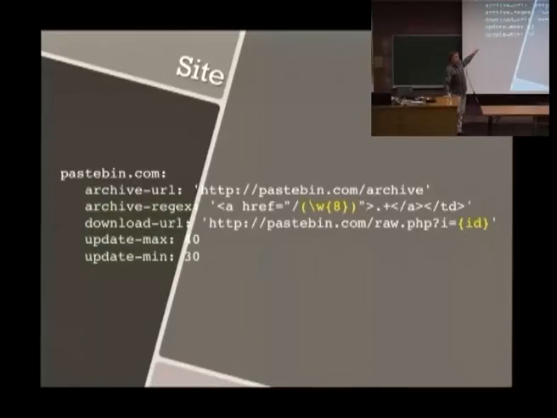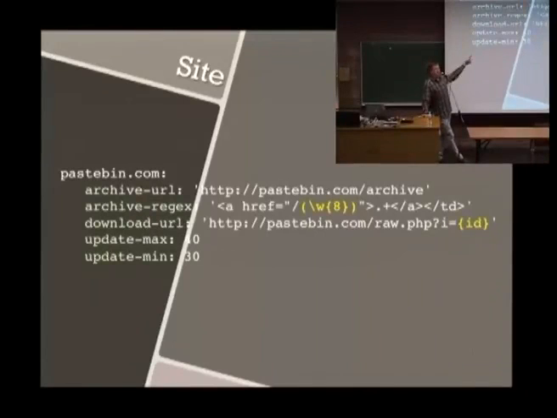There are also two parameters, update max and update min. That's to add some variable parts in the download. It will check for updates of the archive URL in a range between 30 and 40 seconds, so that automated tools will have less chance to detect you.